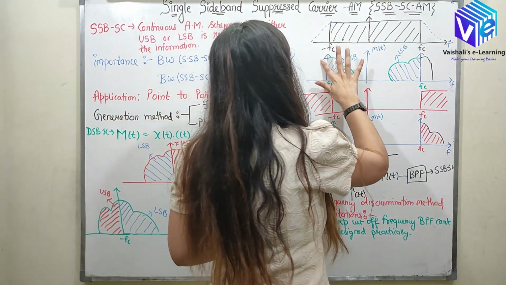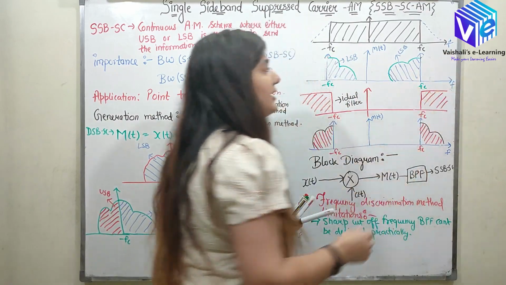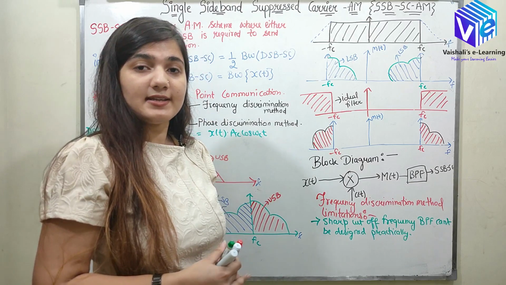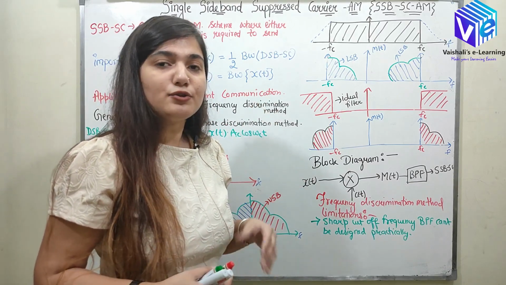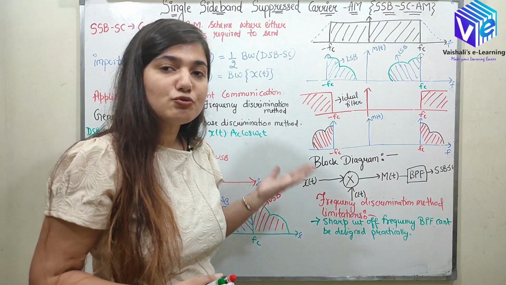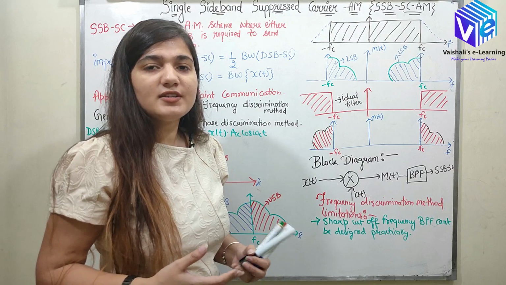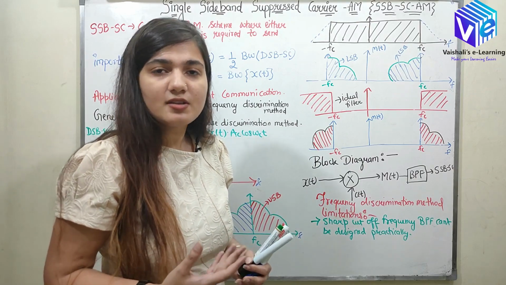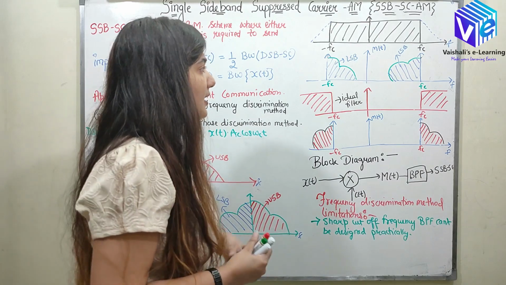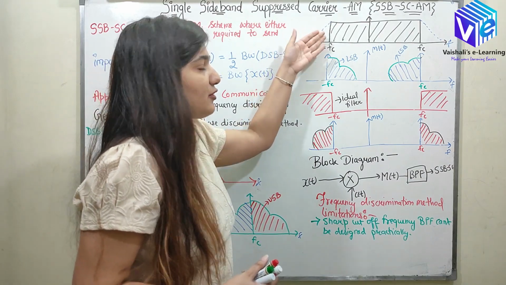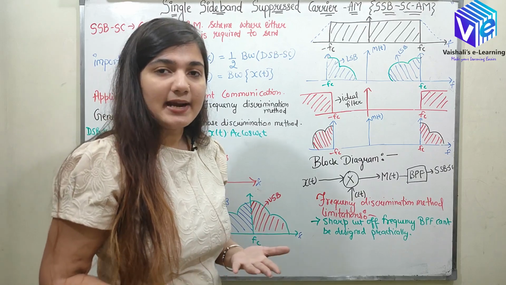So here the distortions would be generated due to the non-ideal nature of my band pass filter, which is very disturbing when you use it to transmit music or video. It can be used to transmit audio, because in audio some kind of distortions are allowed, but when you transmit music and videos, that time the sharp cutoff frequency band pass filter is required, which cannot be designed practically.